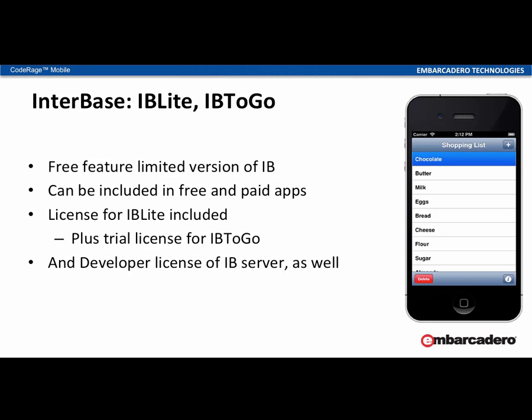You deploy the same server, the same application, but then you can attach an Interbase Lite or an InterBase2Go license. So that's the only difference. Your code is developed exactly the same way. There is nothing you have to do to switch from one version to the other but deploy a proper license file. And by the way, you also have, as part of RAD Studio, a developer license of the full-blown Interbase server.